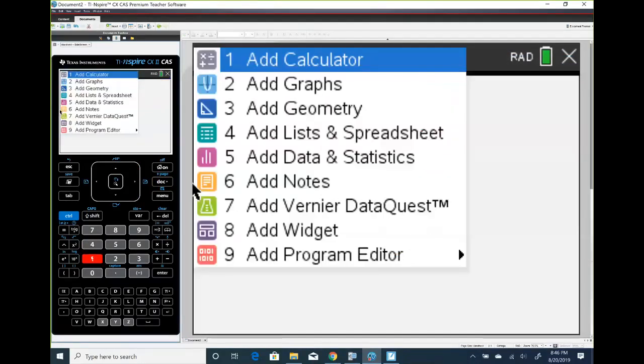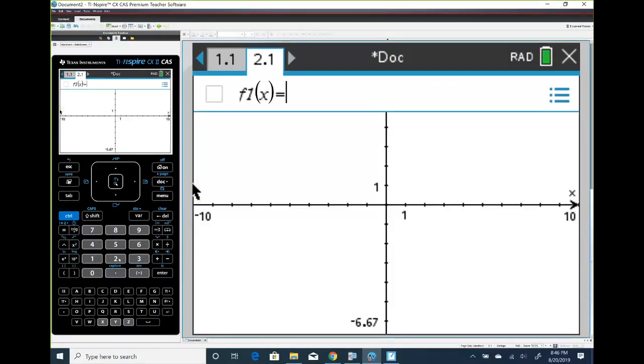So I start up there and I'm going to add a graphs page. Now I'm starting with 2.1, which means all my variables are reset, going back to the original, and they will not talk to the functions in 1.1. Variables do not transfer over into problems. Okay, so this is very similar.